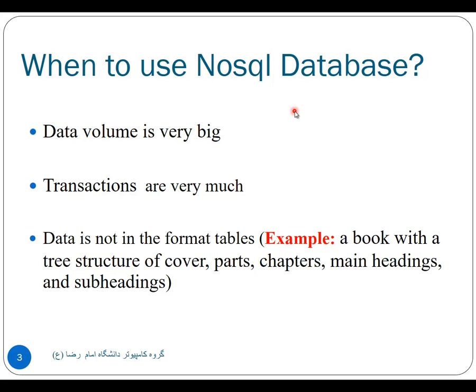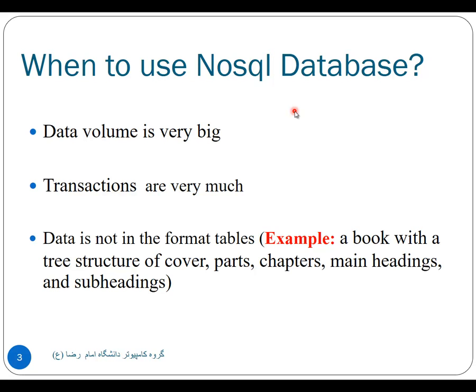Okay, for example, for the format of the data, a book has a tree structure. A book has a cover, the parts of the book, the chapters, the main headings, the subheadings. If we want to store the data of a book in a database, it has a tree structure.